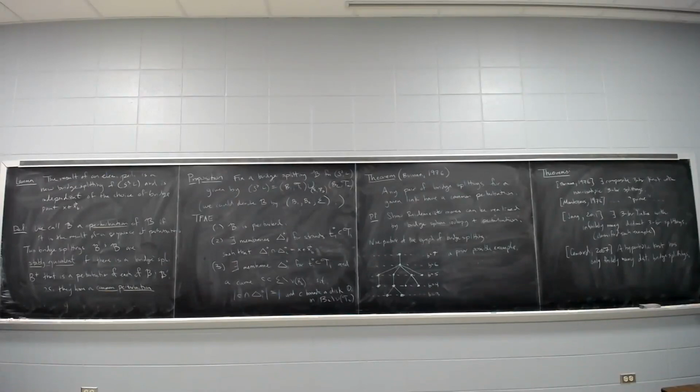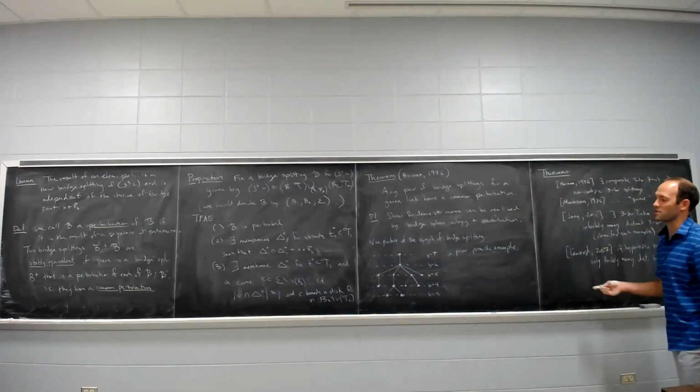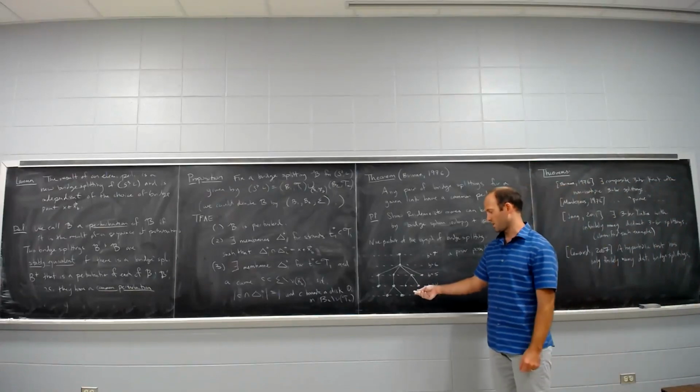Right before class, I was looking at some results that I actually didn't know existed until Alex alerted me to them, but I didn't have time to write down what they say. They basically say that even among, say, three-bridge knots, you can see some pretty interesting behavior.